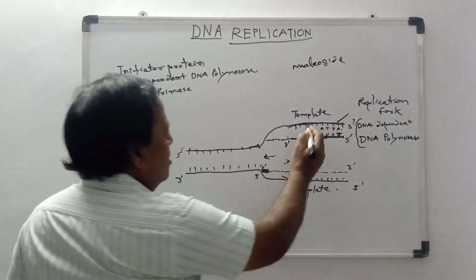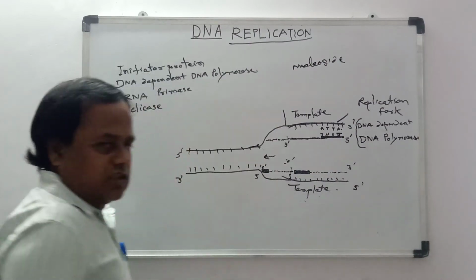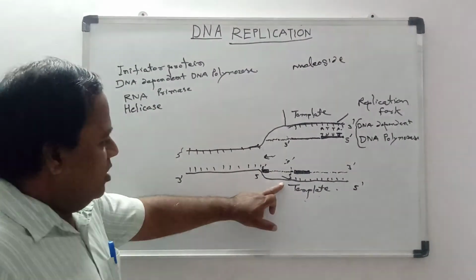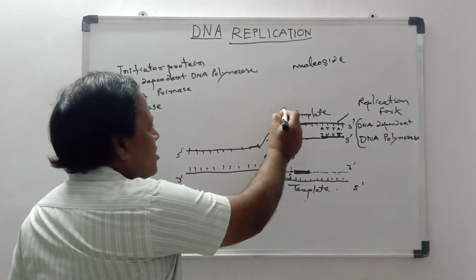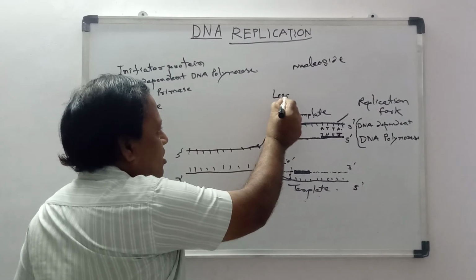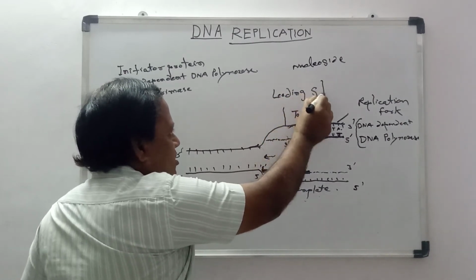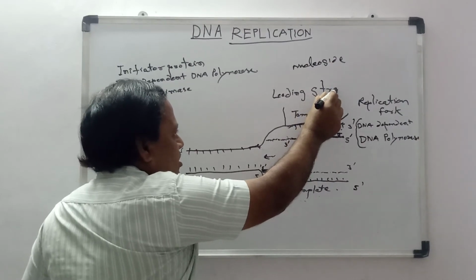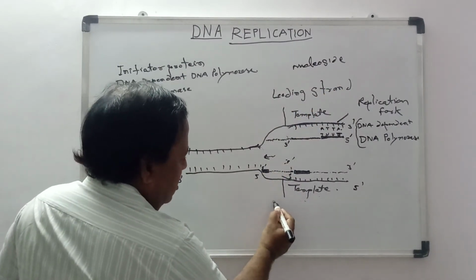So we can say that over this template the reaction is continuous and over this template the reaction is discontinuous. Hence this template is called the leading strand. This is called the lagging strand.